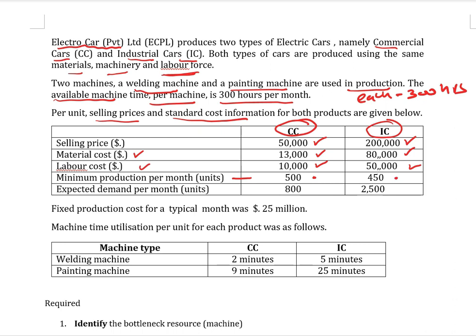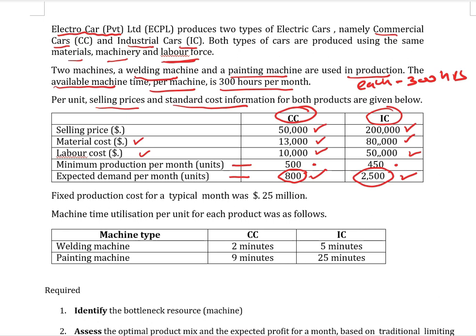Expected demand per month in units is given as 800 and 2500. So these are the expected demand for CC and IC. Fixed production cost for a typical month was 25 million. So you are given the fixed production cost as well.